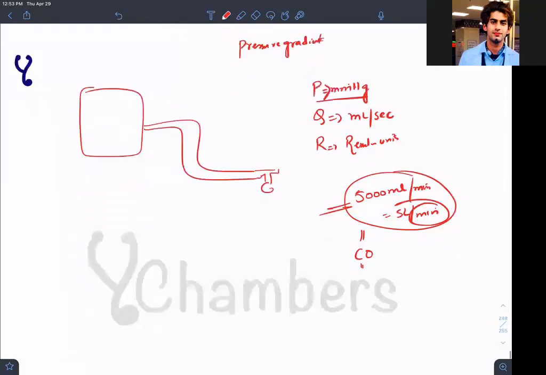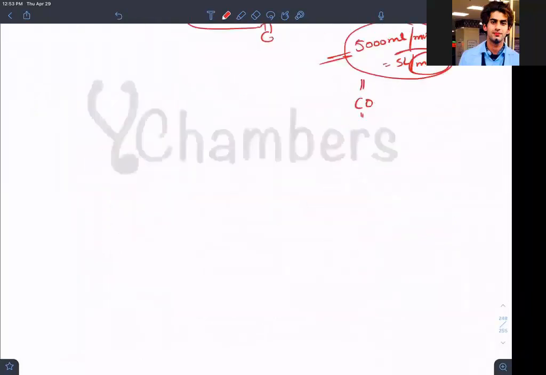If they ask you a question, for example, they tell you there is a 20-year-old male patient, and he is just gossiping with friends, and his muscular blood flow is 200 ml per minute.